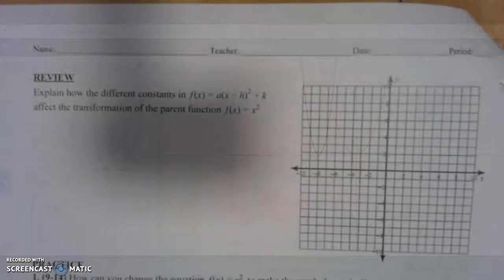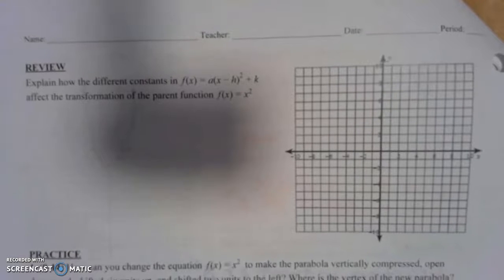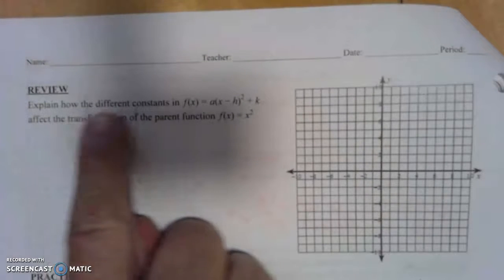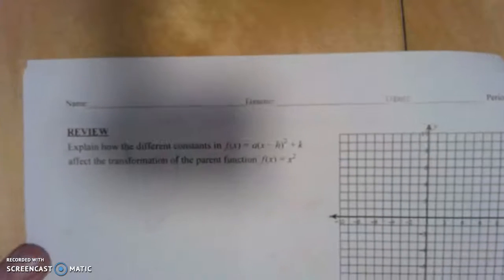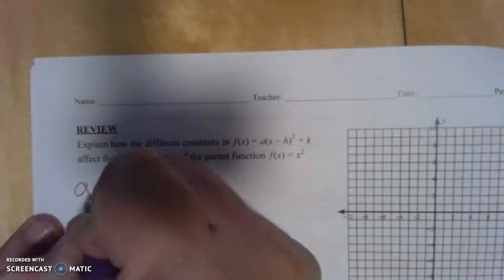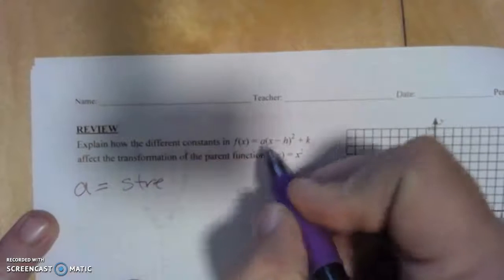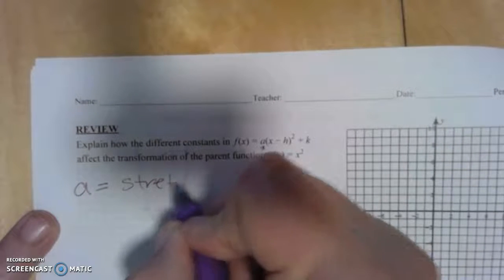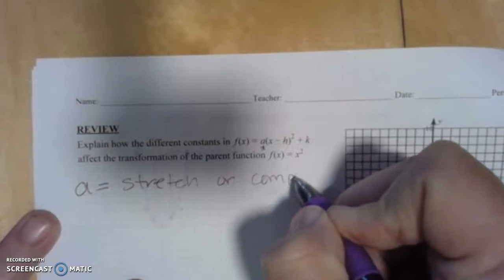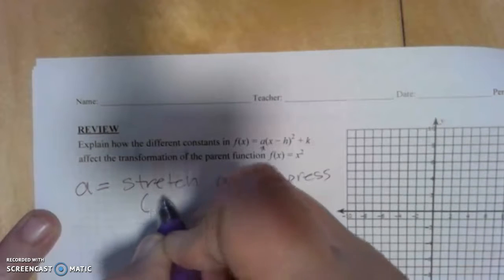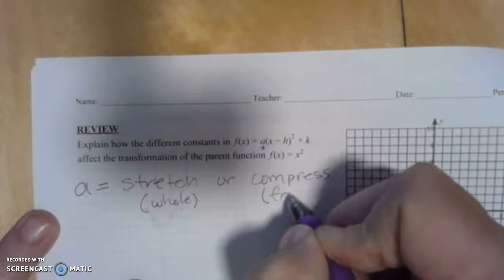Go to our paper, and I turn to the page, so now I'm on page 14. Explain how the different constants affect the transformation. Okay, so let's see. A is the number outside, it's either going to stretch or compress. Stretch is going to be a whole number, and compress is going to be a fraction.